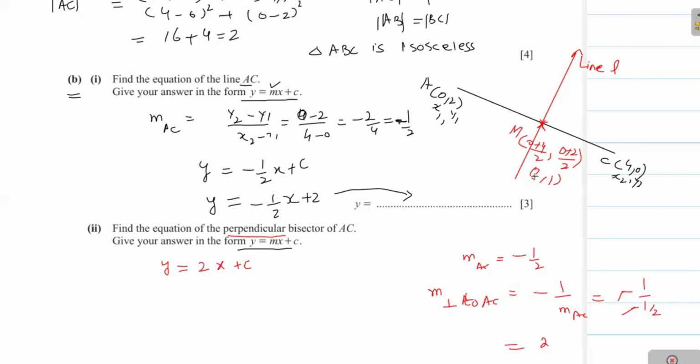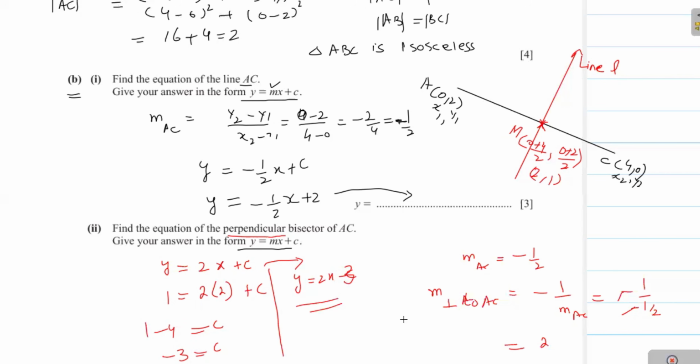But this line passes through the point with coordinates 2, 1, so y is 1 and x is 2. Then c equals 1 minus 4, so c is minus 3. Therefore, the equation becomes y equals 2x minus 3.